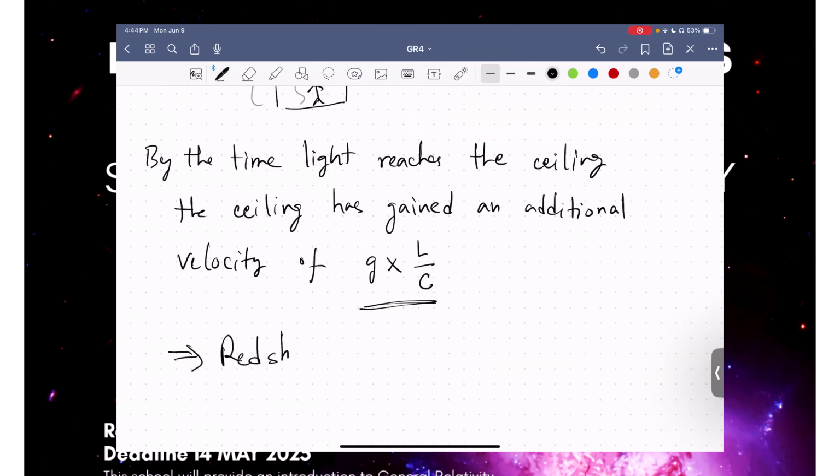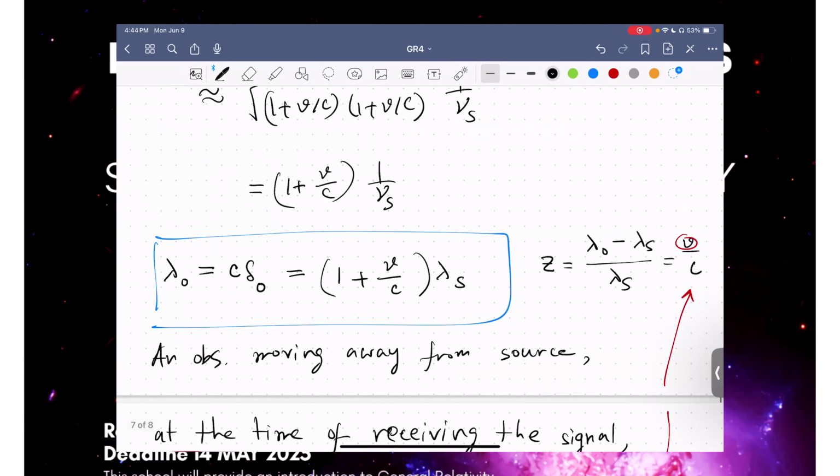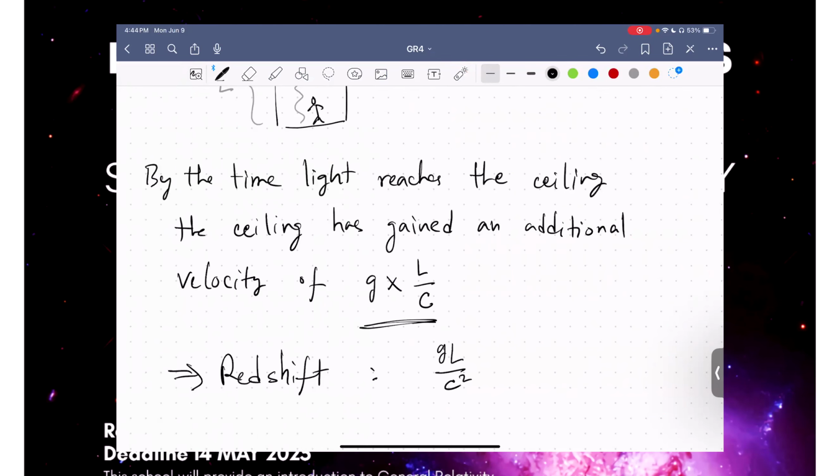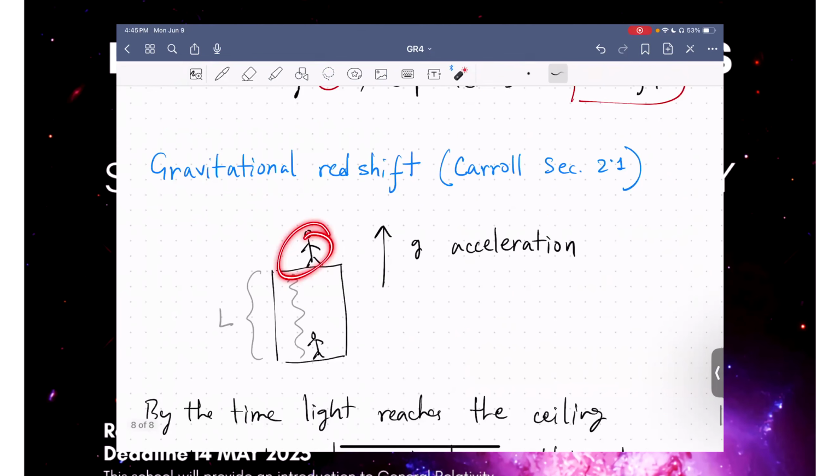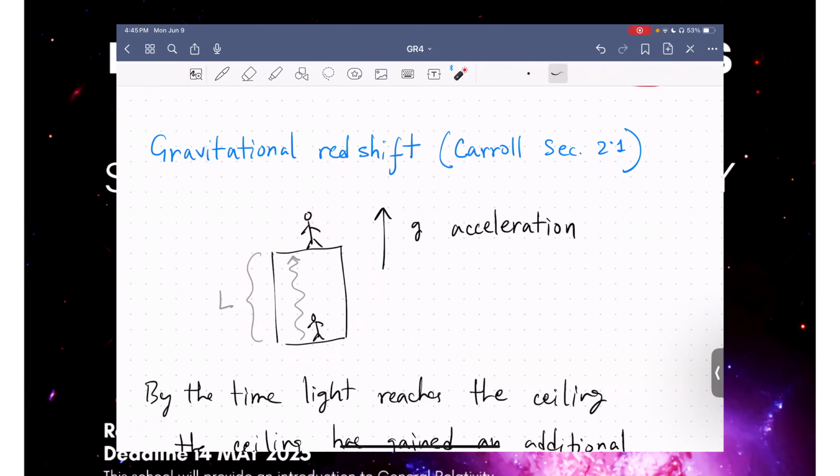This implies a redshift by the amount gL over c over another c, so you just have c squared. So this is the redshift observed by this observer when this whole setup is accelerating at a constant acceleration g.